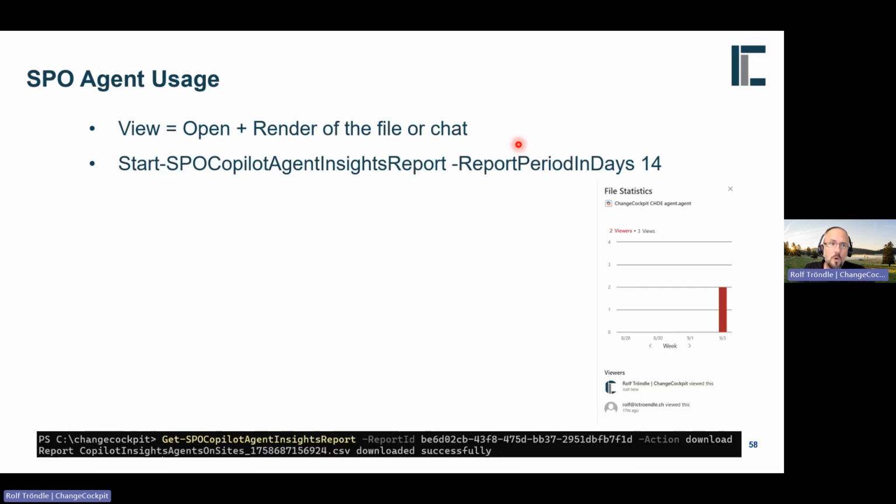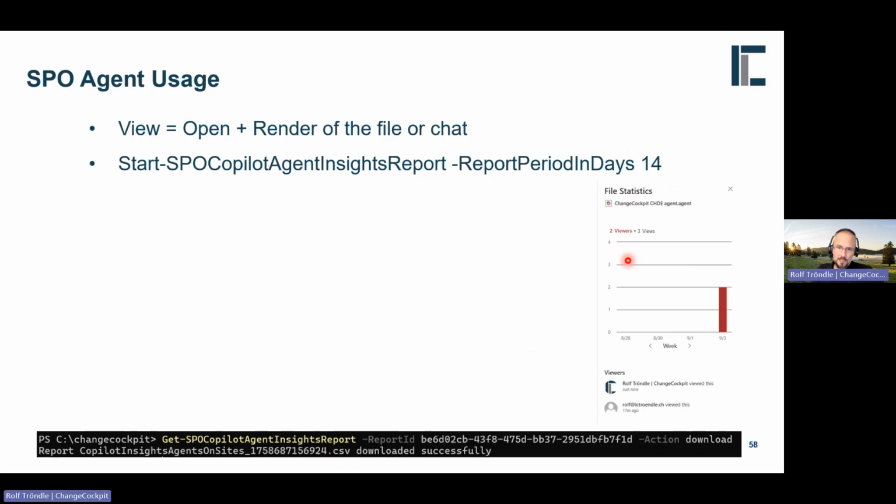Then SharePoint Online agents. I have shown you what they can do, but now perhaps you want to know, do our users use these agents? You can go to the agents and find individual agent files. Then you know this is a SharePoint Online agent.